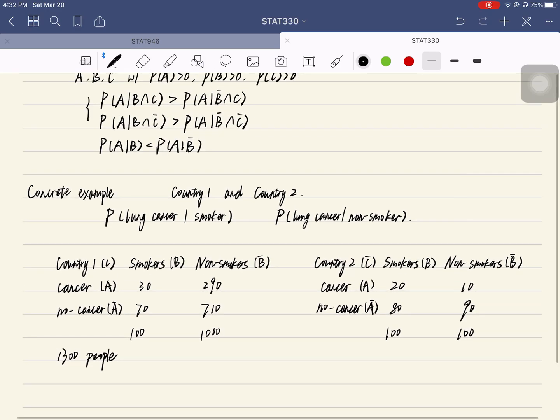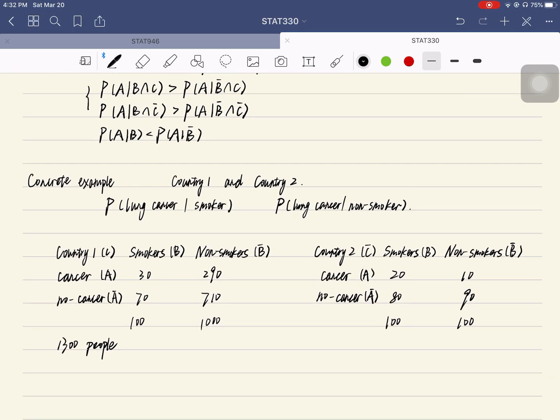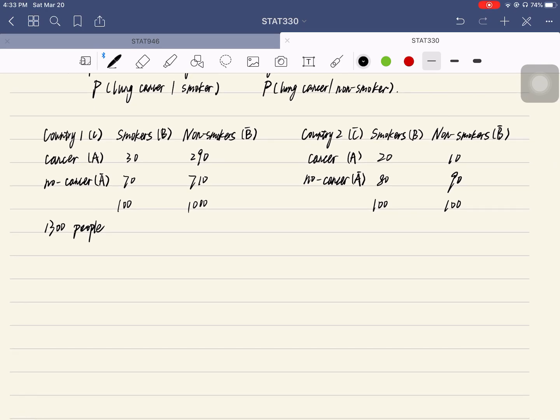Okay, so let's see. The first is the probability of A given B and C, which is the probability of cancer given smoker in country 1.